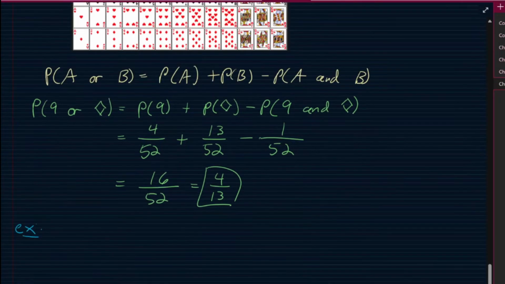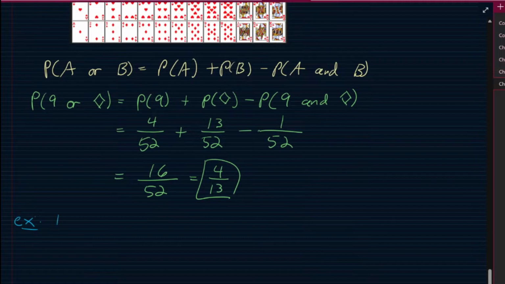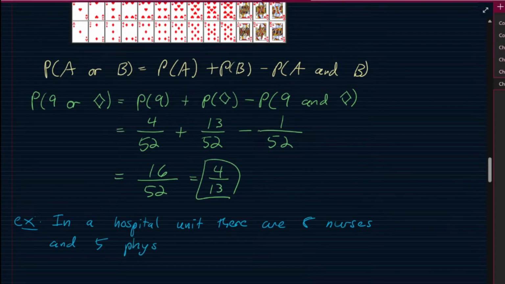In a hospital unit, there are 8 nurses and 5 physicians. 7 nurses and 3 physicians are female.